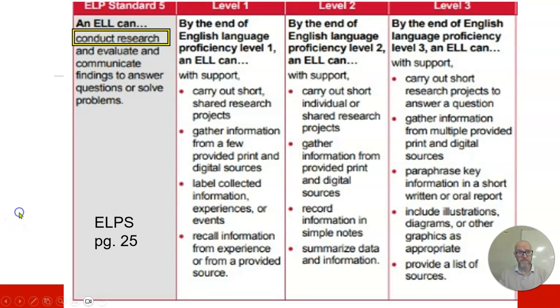In terms of level, as stated, we chose ELPS Level 2. We chose this for some different reasons, including a short research project. We have gathering information, recording information, and summarizing. We're not expecting our students to synthesize or apply or critique, which would be higher levels of ELPS.